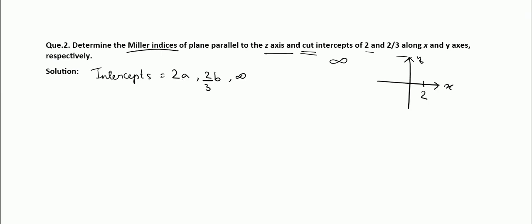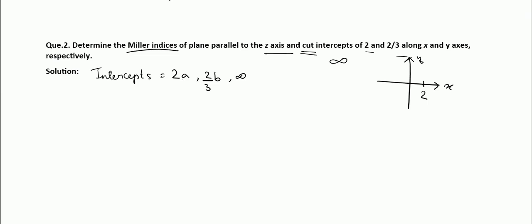To find the Miller indices, we convert these intercepts into a fractional form. But why do we need fractions? Because this fractional triplet represents how far each axis is cut. So for x we have 2, along the y-axis we have 2 by 3, and for z we have infinity since it is parallel and does not cut z.